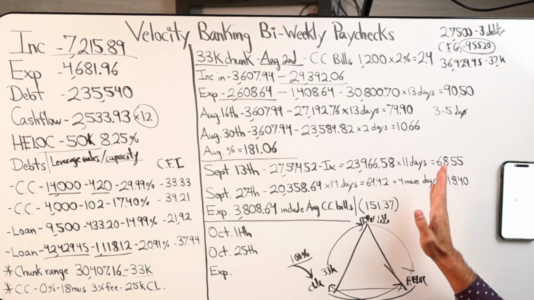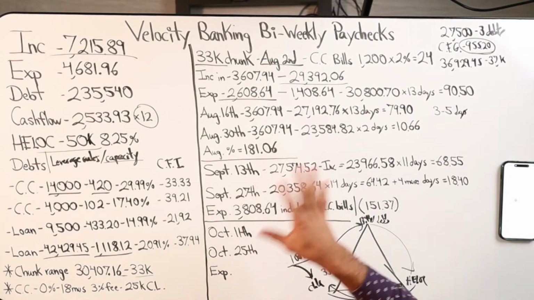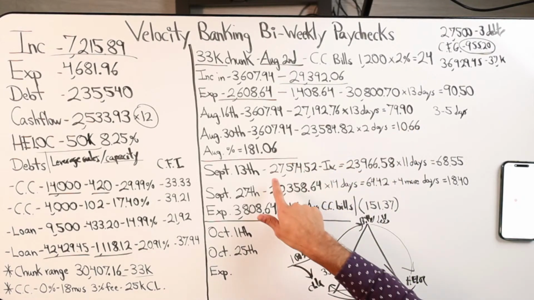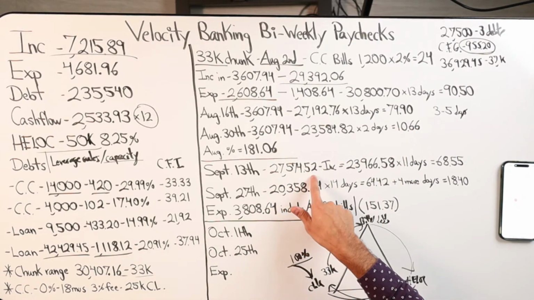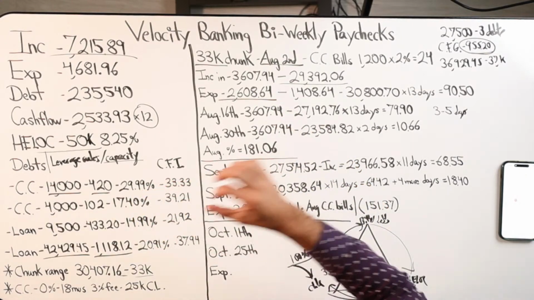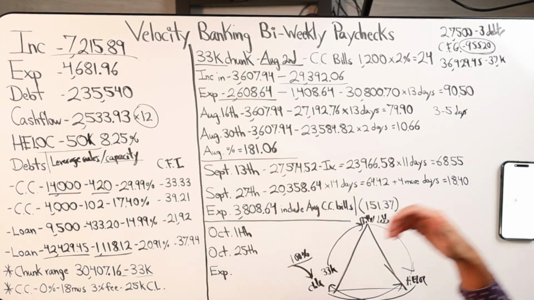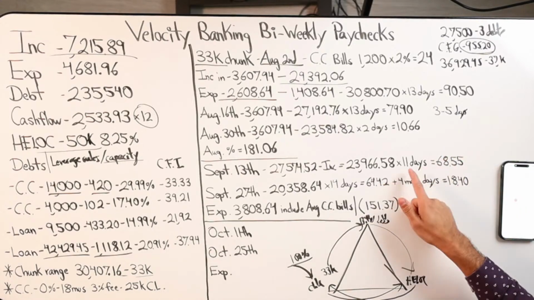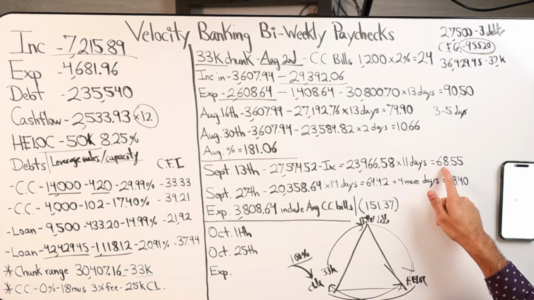What I did was I took the higher number just to create error. So 27,574.52 times 8.25% divided by 365 times 11 days, you should get that number, 68.55.